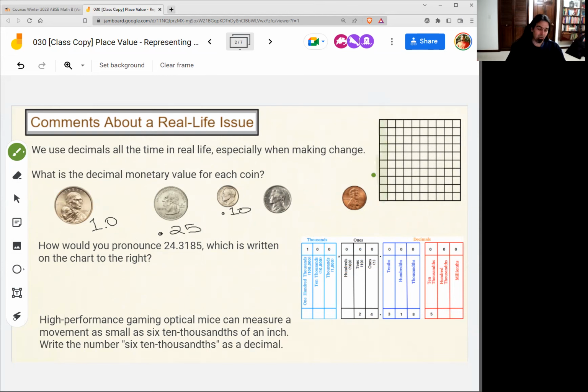So that green bar is a tenth because I could do it 10 times. So when I write 0.1 for my dime, or 0.10, because again, the extra zeros don't do anything, then I'm saying I have 1/10 of my dollar. Everyone okay that this 0.1 is the same as that 0.1, just represented in two very different ways?